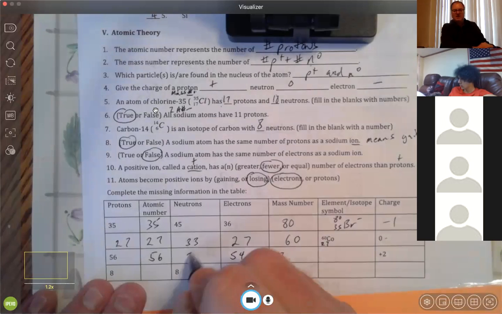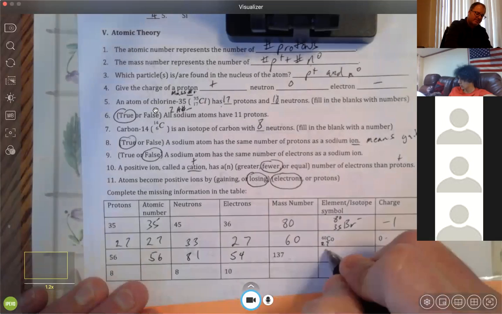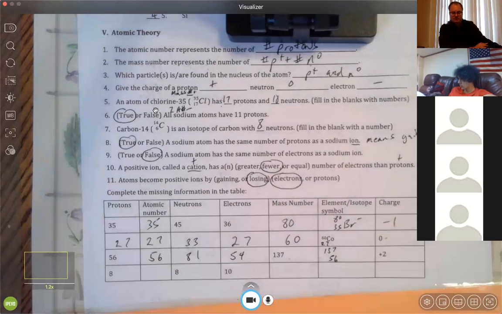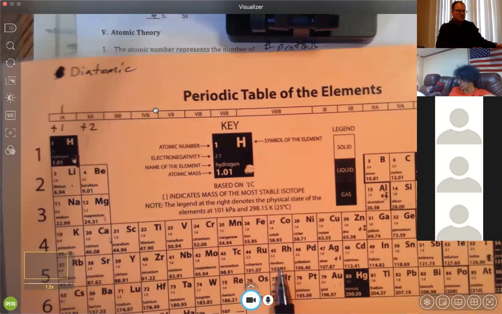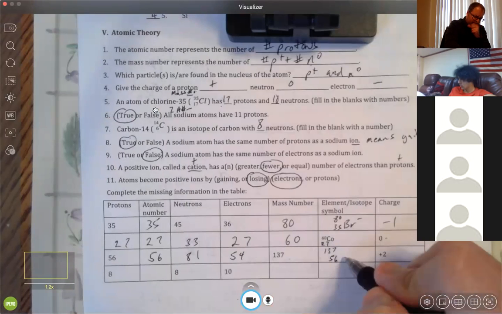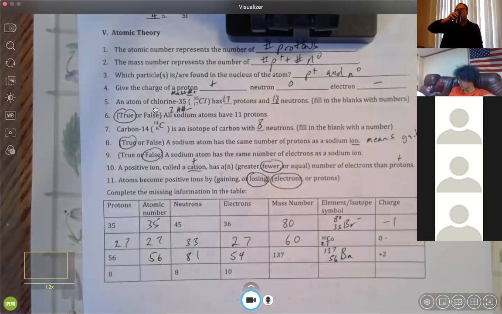That tells us the number of neutrons. The mass number goes on top of the atomic symbol, and the atomic number goes below it. Since we know this element has 56 protons, that tells us it is none other than barium. So the symbol there is Ba.